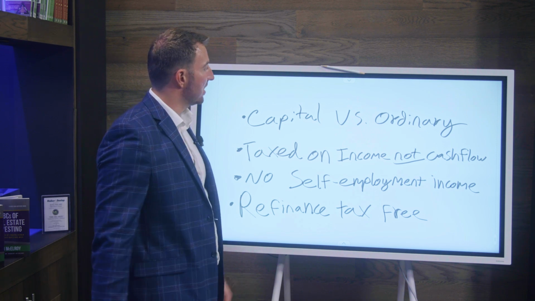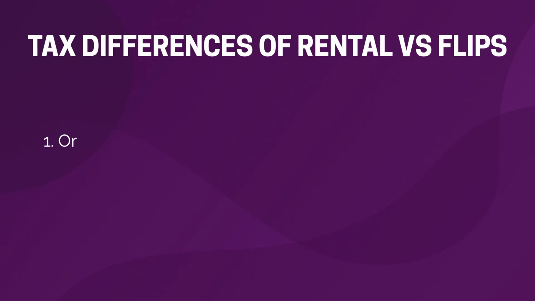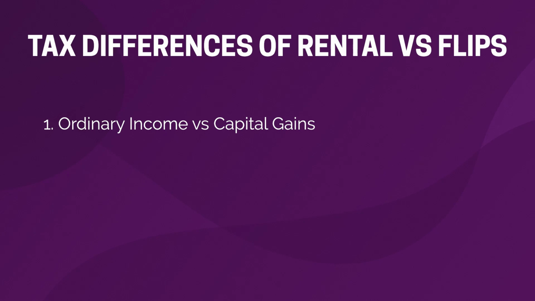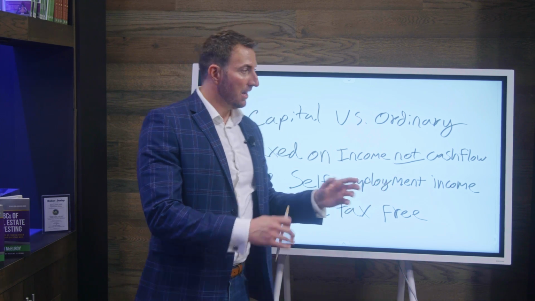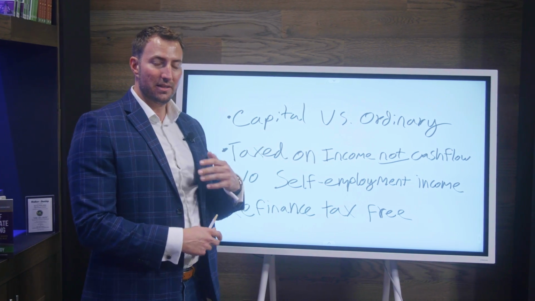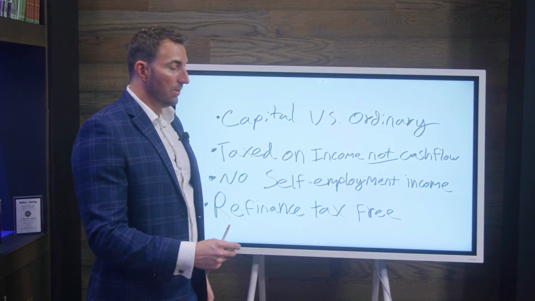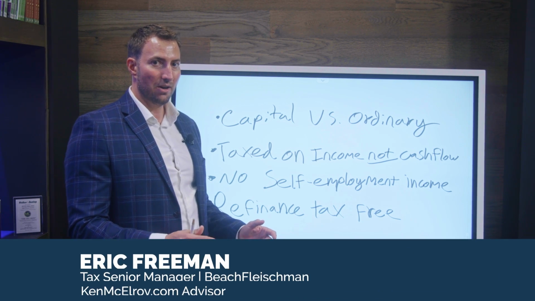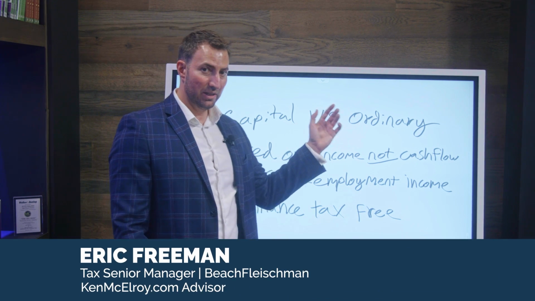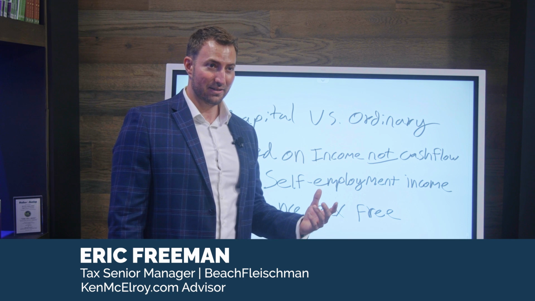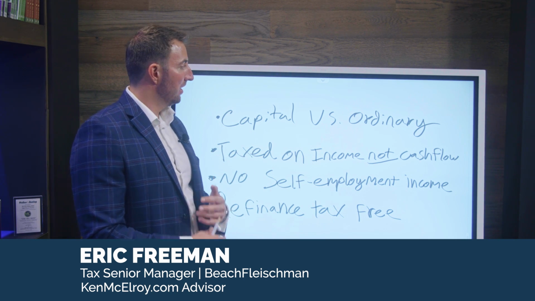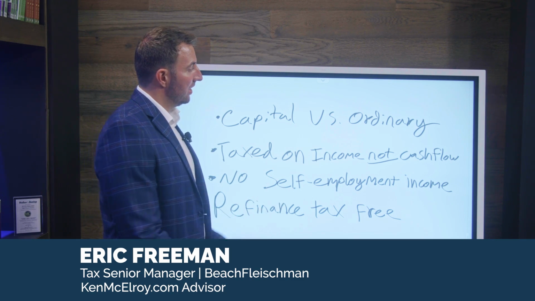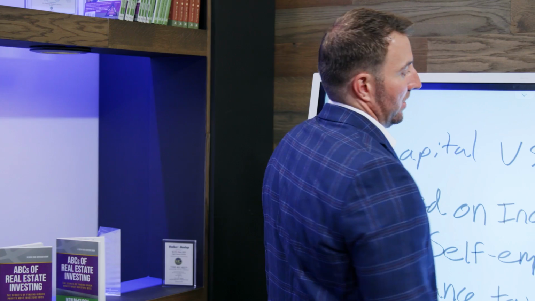So the first one we're going to talk about today is the capital versus ordinary treatment. So let's talk about the downsides first. If you're doing flips as your main business, and sure, you're generating some of these bigger profits quicker, well, because you're holding them for under a year and because you're probably considered to be treating real estate as more of inventory than an asset that is really generating income, and you're holding it out for sale, you're going to get ordinary income treatment.